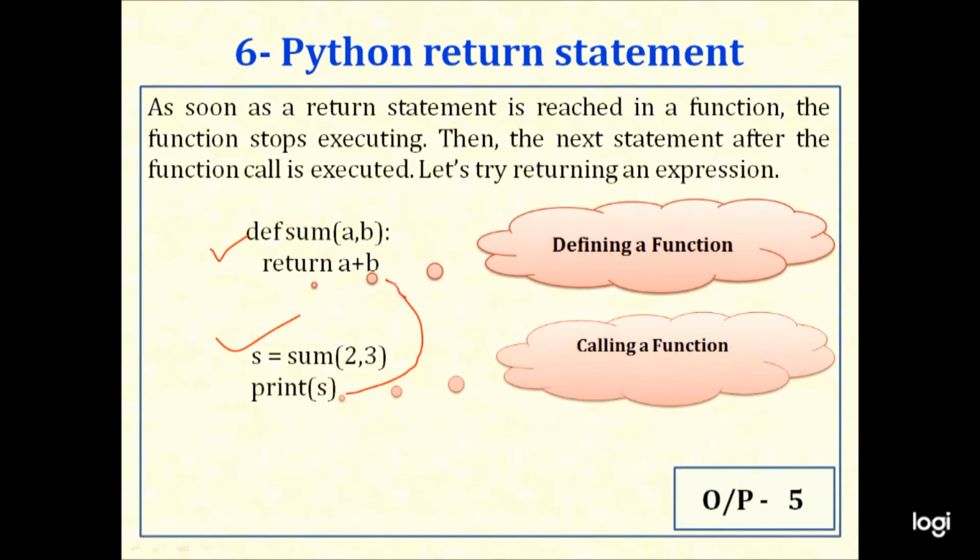Formula is given a plus b. It means result will be 5. In this program, first of all, the value of a and b will be fetched from function calling and will be inserted to the return statement a plus b, and output will be given by the statement print s.